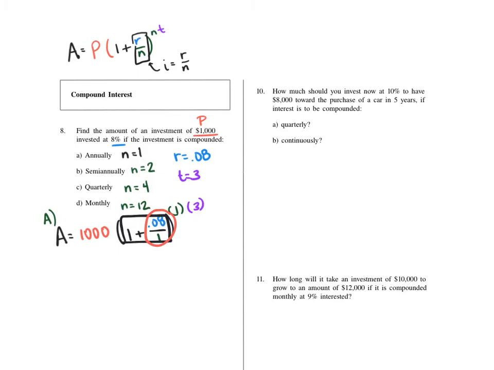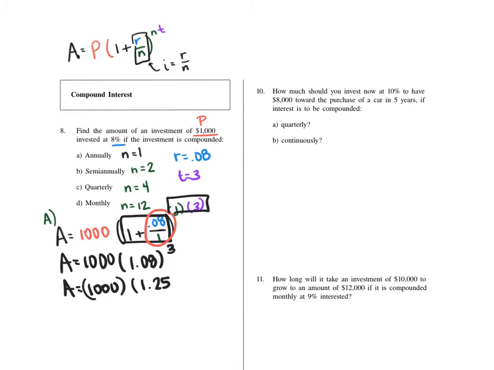So we have A equals 1,000 times 1.08. And then we can multiply this right here, 1 times 3, which is just 3. And then we'll do 1.08 raised to the third power in our calculator. So I get A is equal to 1,000 times, my calculator shows 1.259712.